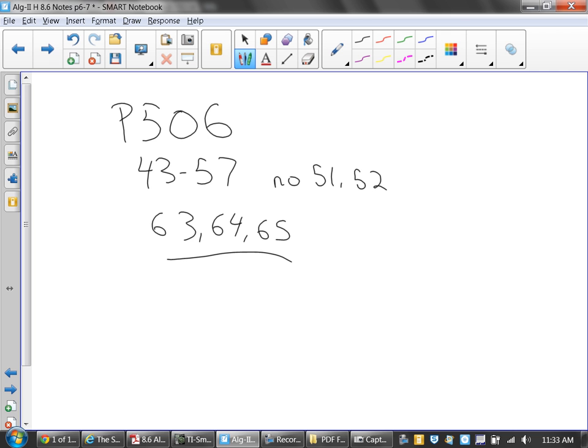Just a quick refresher here. Those last 3 problems deal with your exponential growth, exponential decay, continuous compounding, or compounding quarterly or semi-annually problems, which means you may have to go back and revisit those equations.